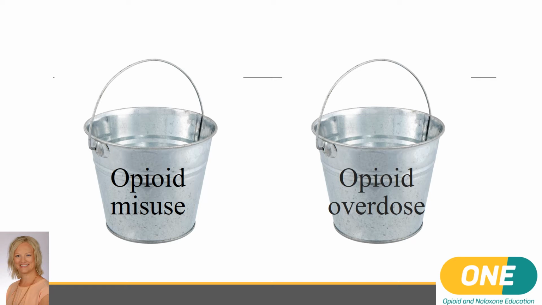In the other bucket, our pharmacists are screening for opioid overdose. So overdose is the chance, even if the patient is using their medication exactly as prescribed, that the patient might overdose on their medications.